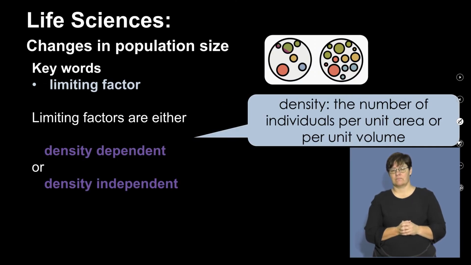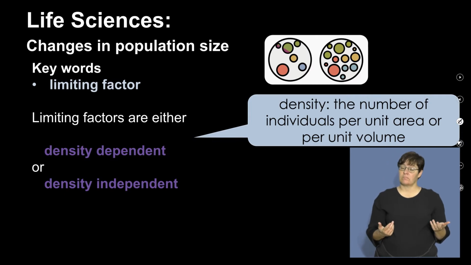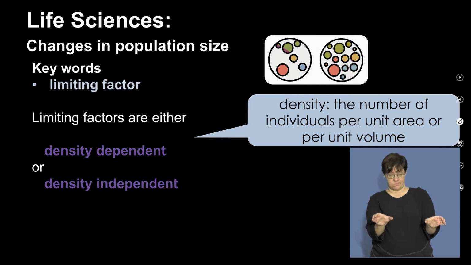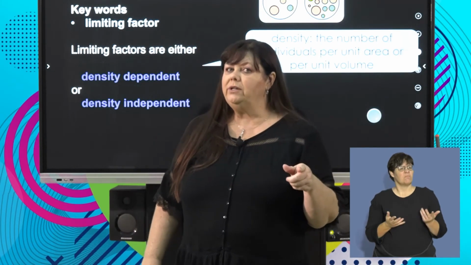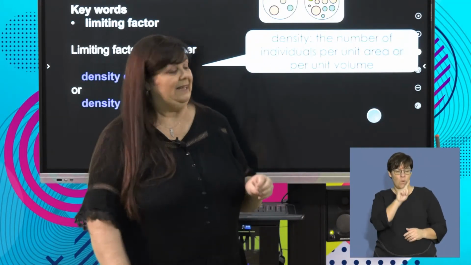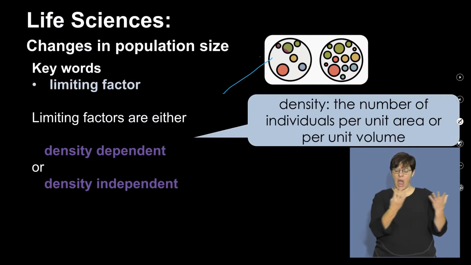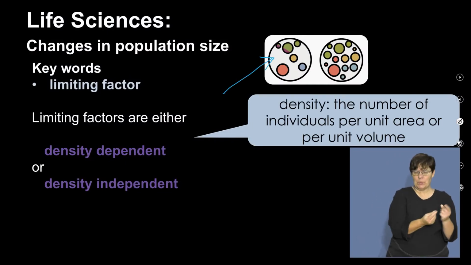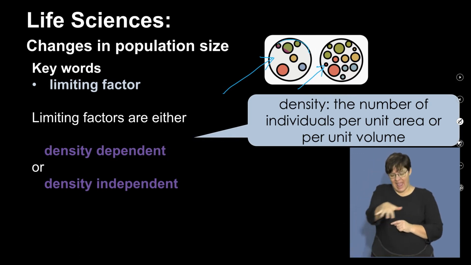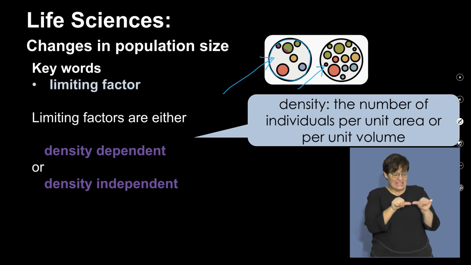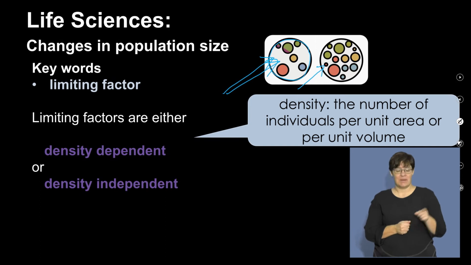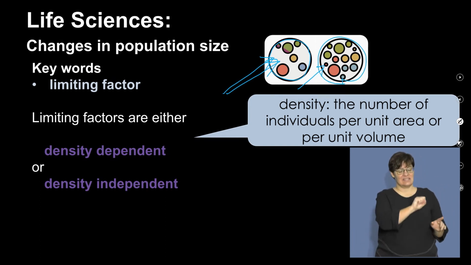We can divide our limiting factors into two broad categories. Do you remember earlier on we spoke about the parameter called density? We said that in some populations there are fewer individuals, and in other populations there are more individuals in the same unit area, and this population is less dense than that population.